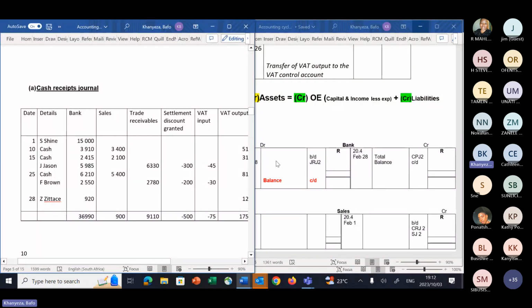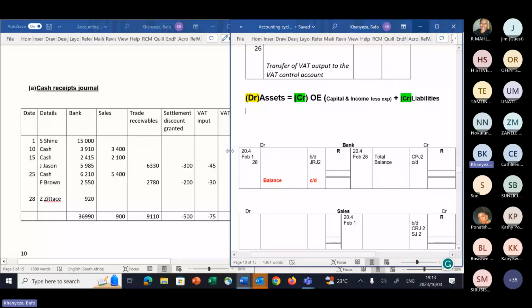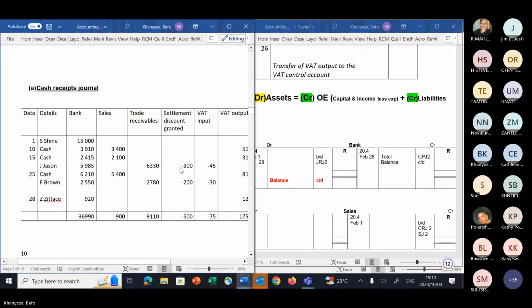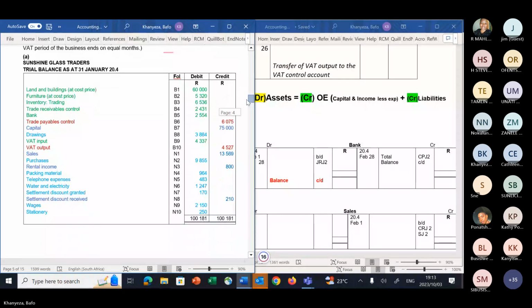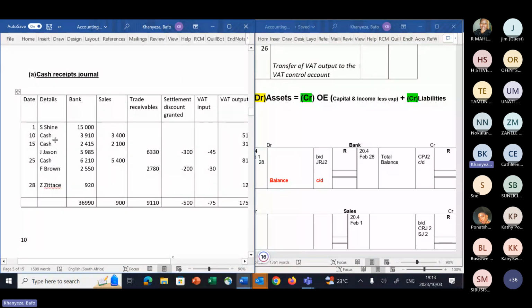So now you have to debit if you have to debit, and credit if you have to credit. You can use whatever logic to complete the ledger accounts. Sometimes you can start with the opening balances, or you can follow the pattern of the cash receipts journal.